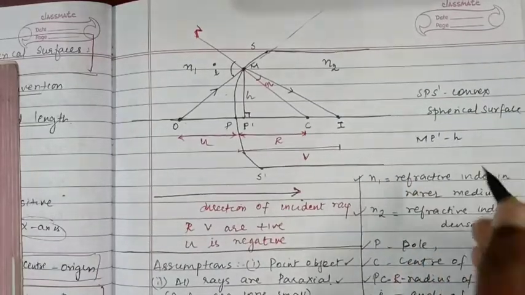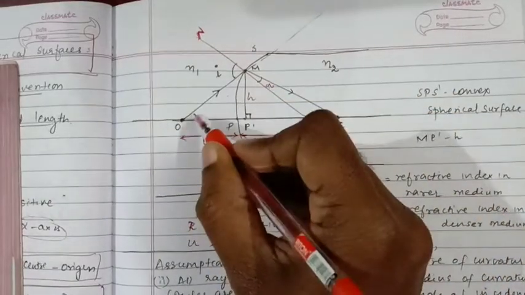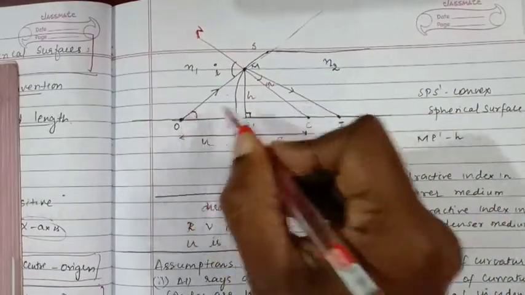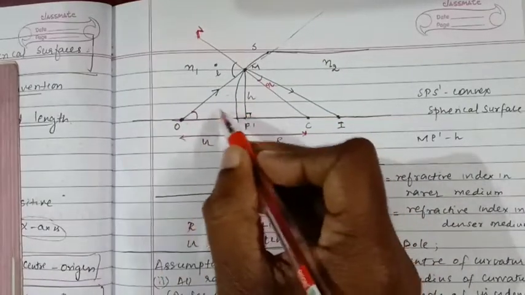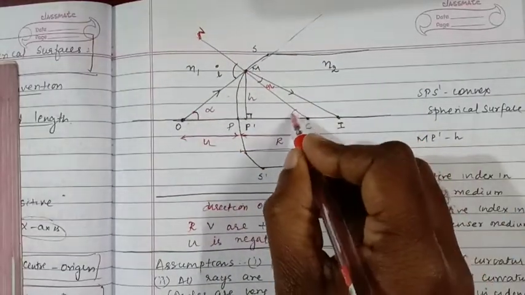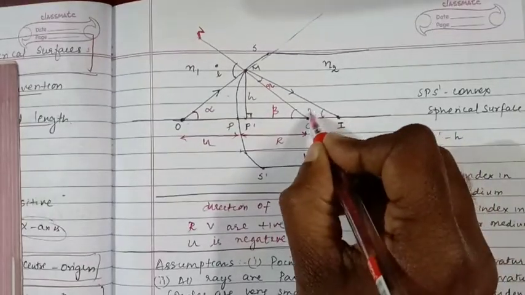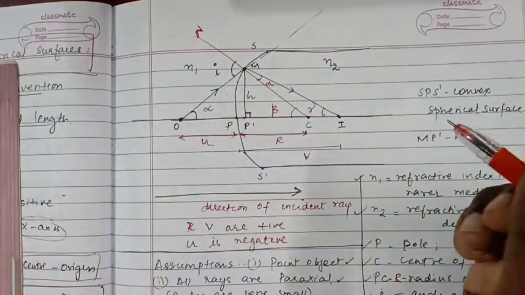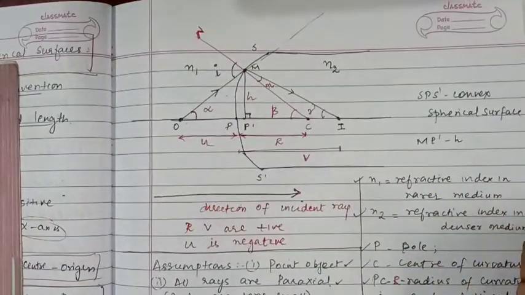Let the incident ray make an angle alpha with the principal axis, and let this angle be beta, and this angle be gamma. All this we are doing to make the calculation.